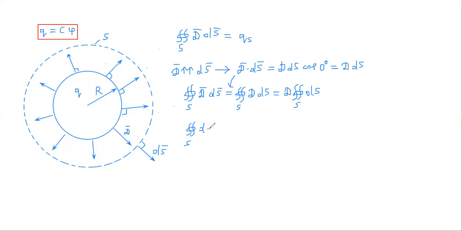It means a simple sum of all infinitely small elements dS, and it is equal to the area of the closed surface S. So here we have D multiplied by the area of closed surface S.